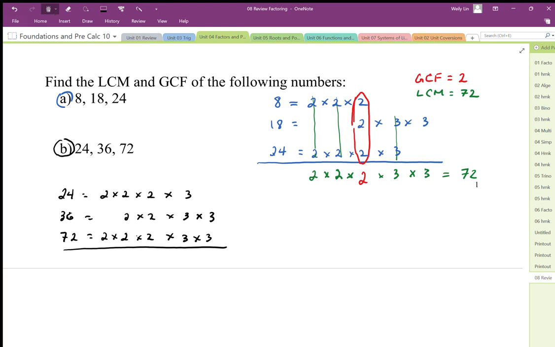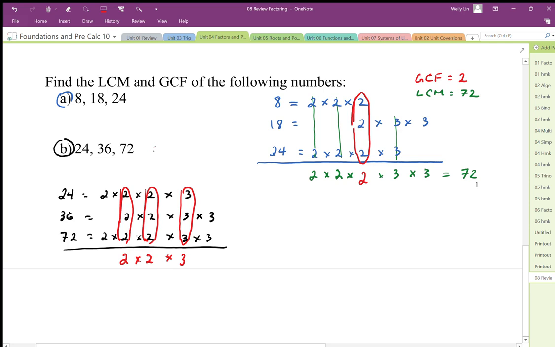So again, looking at the greatest common factor, we have to find all the factors that are common to all three terms. There's going to be a 2 here. All three share this 2. There's going to be a 2 here that's common, and they all share one 3. So our greatest common factor is going to be 2 times 2 times 3.